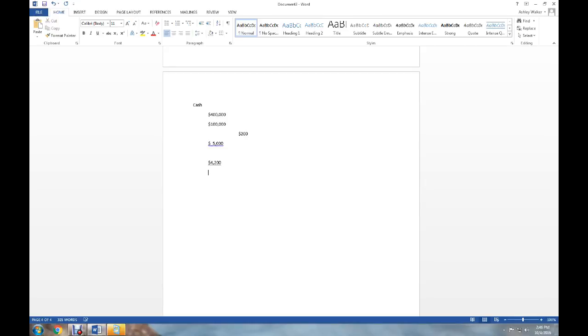Our debit total for cash would have been $400,000 plus $100,000, so $500,000, plus 5,000, so 505, plus 4,200 gives us a total of 509,200. The only credit that we had to cash was $200. So if this is our debit column, this is our credit column. Our debit column's bigger, so that means that our cash account is carrying a debit balance.